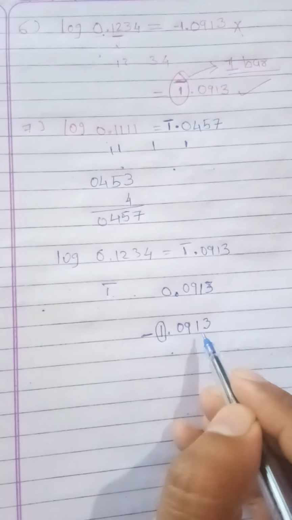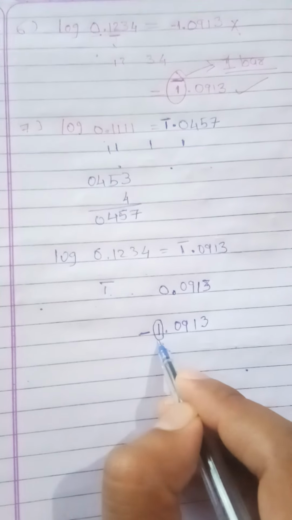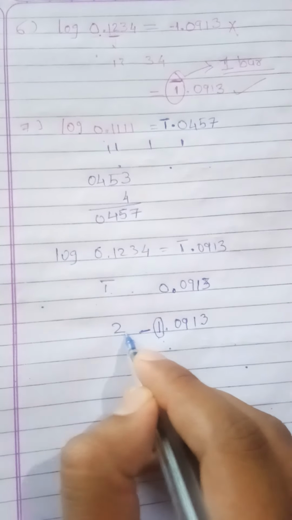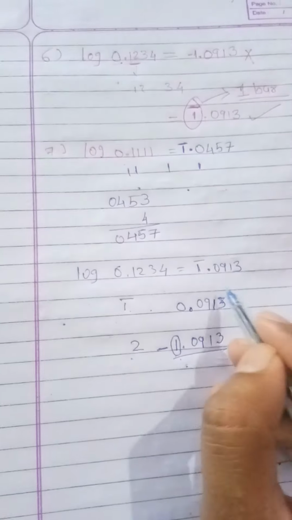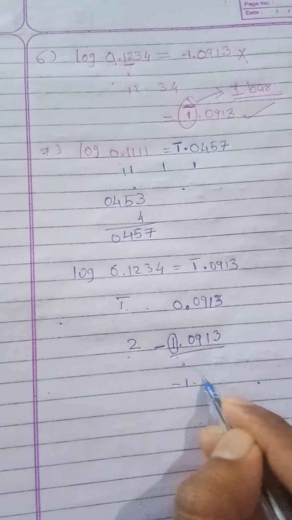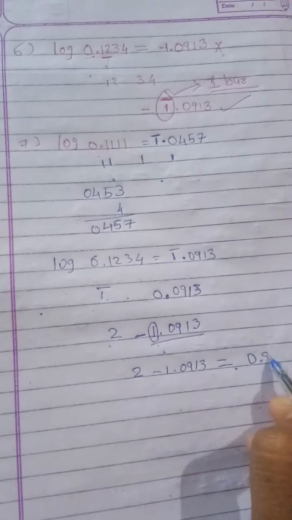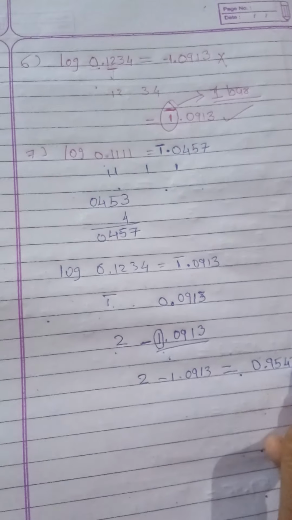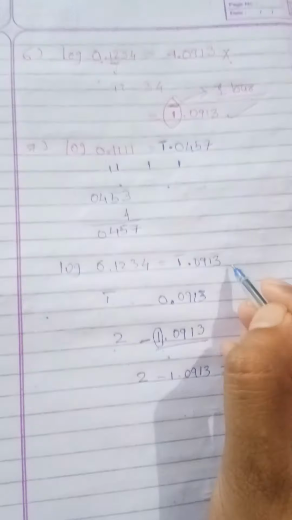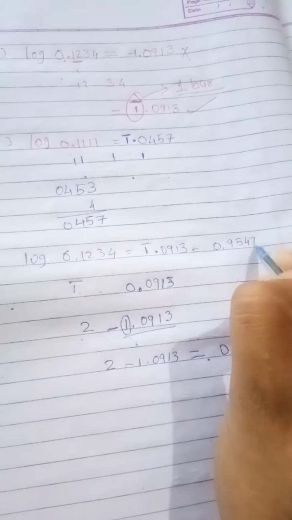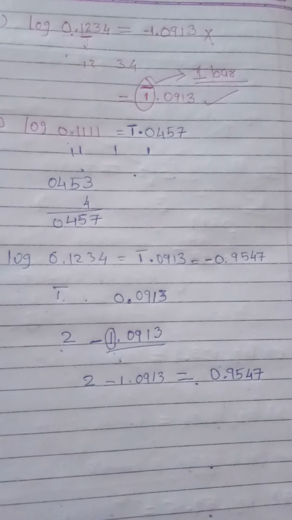It is 2, so subtract this value from 2. 2 minus 1.0913, and you will get 0.9087. What we will write is 0.9087, but with a negative sign. It is just a simple rule that we have to follow.